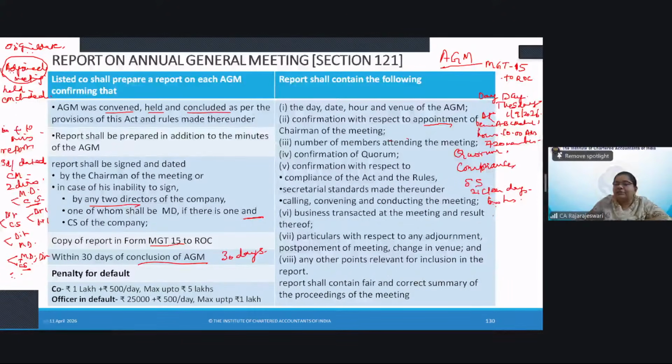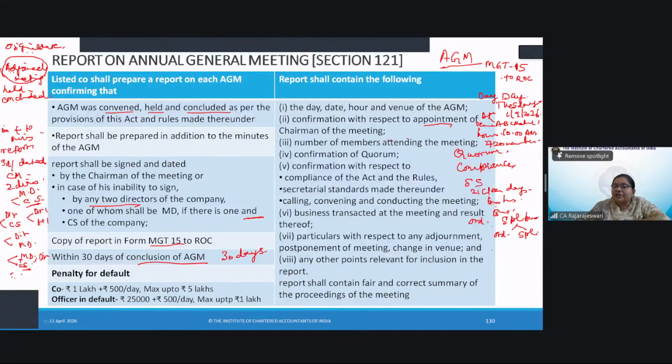And what businesses were transacted at that meeting? Ordinary business, special business, and for special business, whether by ordinary resolution or special resolution. Everything should be mentioned.